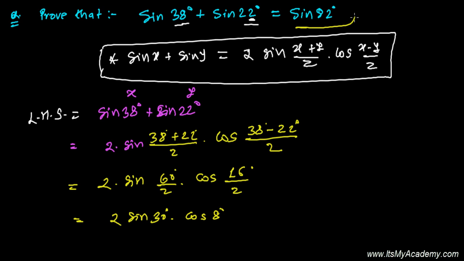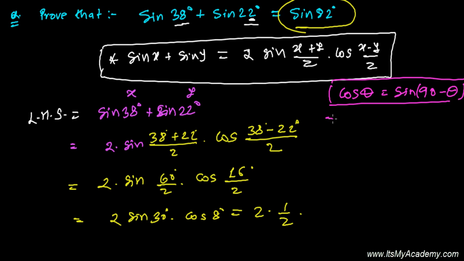Keep in mind, it's sine 82. Now I'm just going to apply the value of sine 30. It's 2, and sine 30, everybody knows that's 1 by 2. And what about this cosine of 8? Here I want to discuss one thing: cosine of theta is sine of 90 minus theta. I hope you're remembering this formula. So if it is cosine of 8 degrees, then it's sine of 90 degrees minus 8 degrees, and that's sine of 82 degrees.